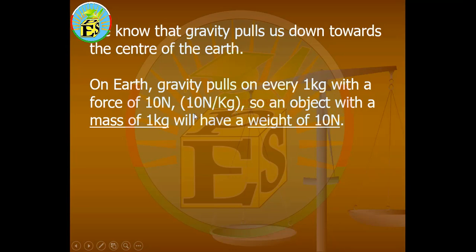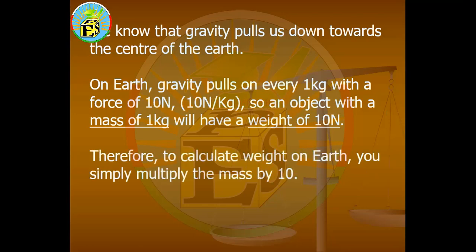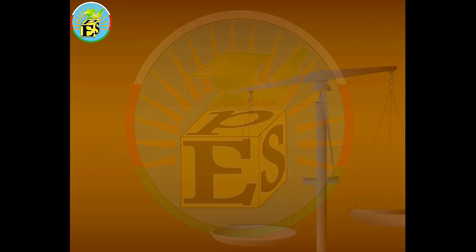So an object with a mass of 1 kg will have a weight of 10 Newton. Therefore, to calculate weight on earth, you simply multiply the mass by 10, which I told you before.